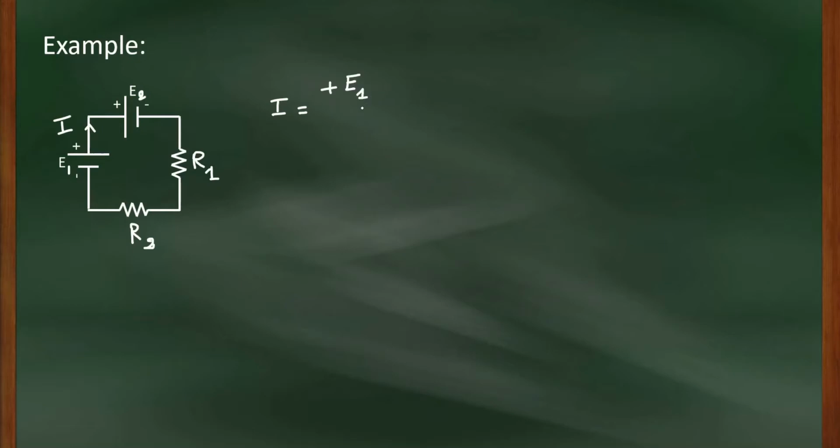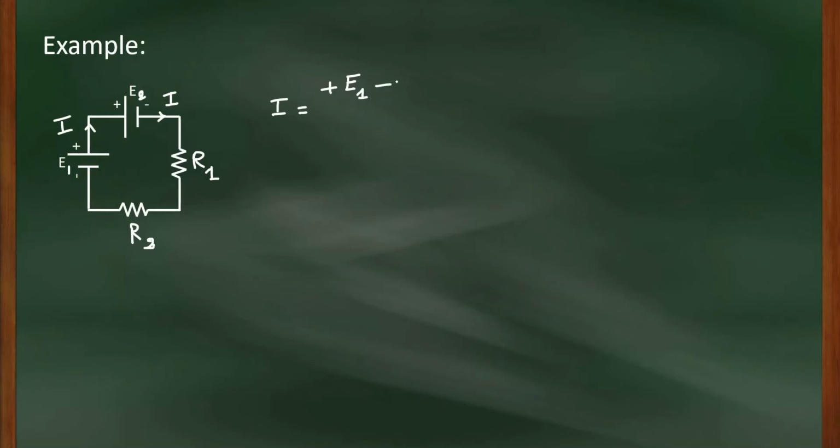But as you can see, my current is like that, so my current is outgoing from the negative terminal of my E2.